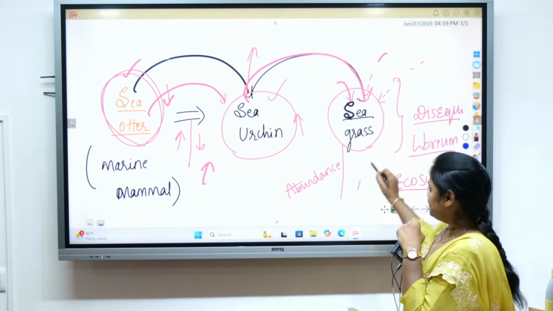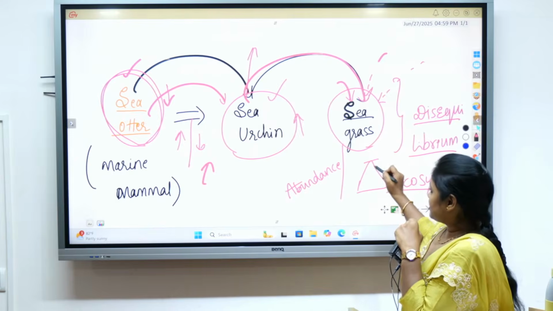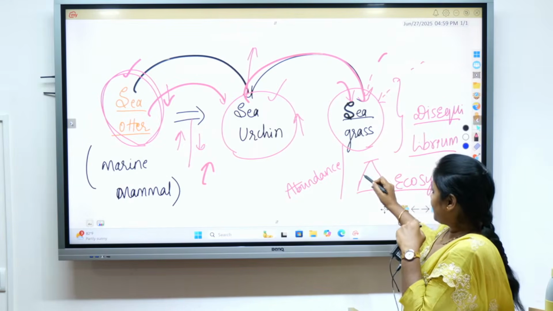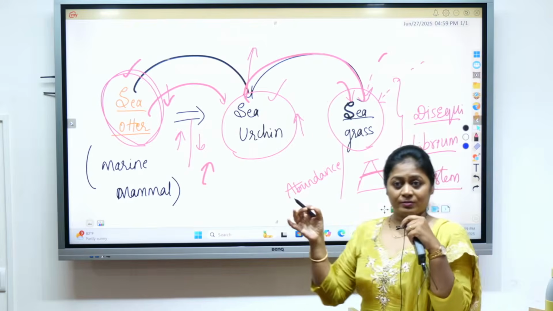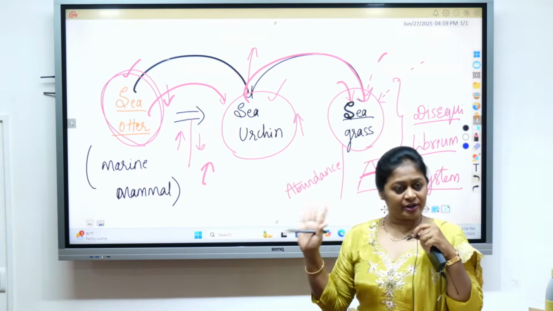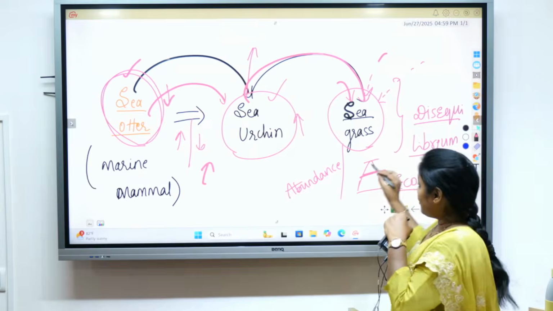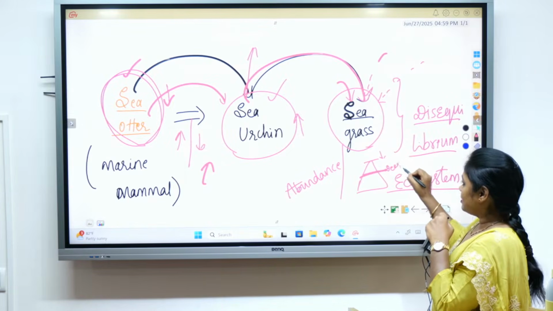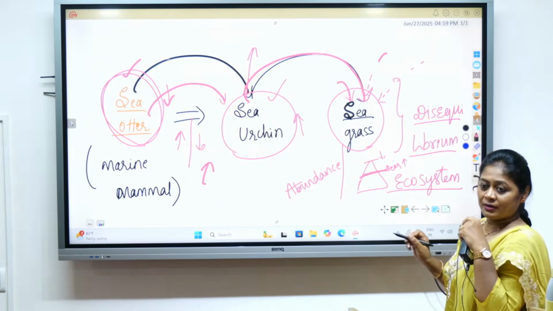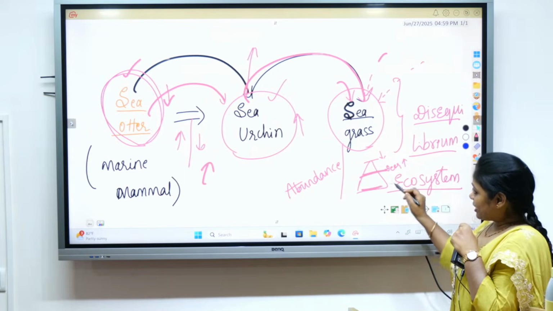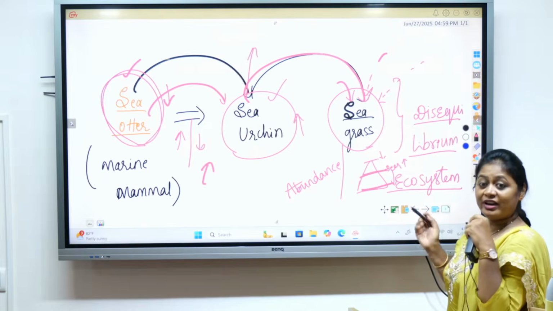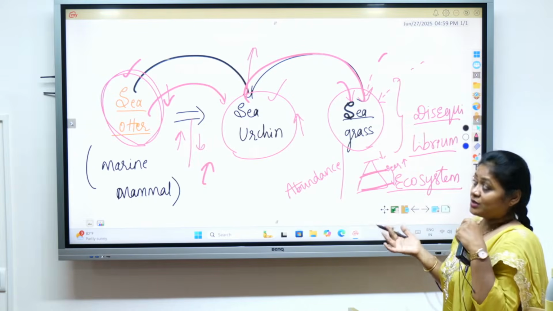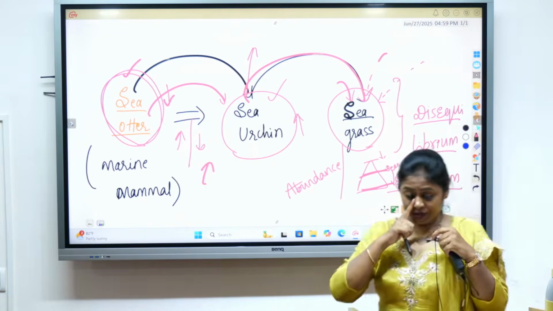So tigers are top predators. If tigers are there, then the deer population can be kept in check. If the tiger population decreases, the deer population increases, and they completely feed on the green grass. So these are called keystone species.